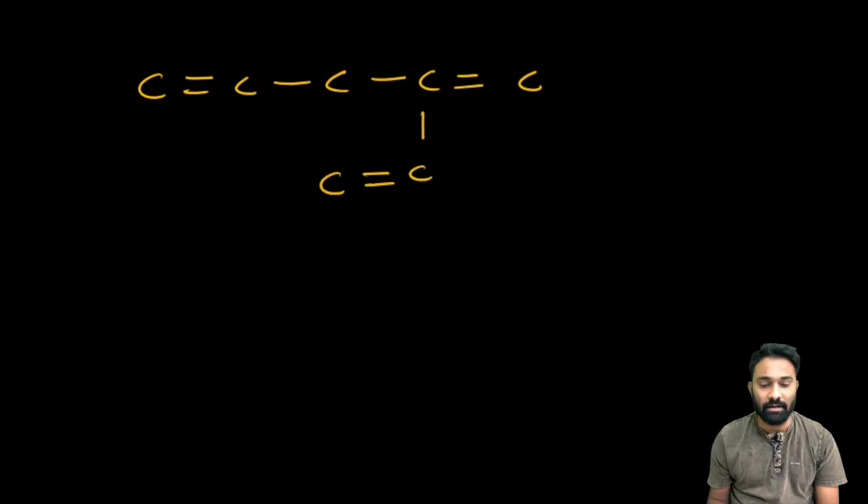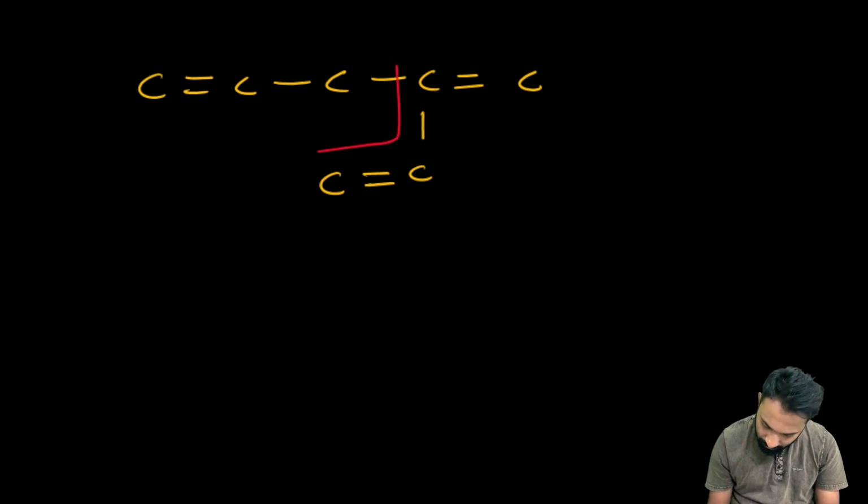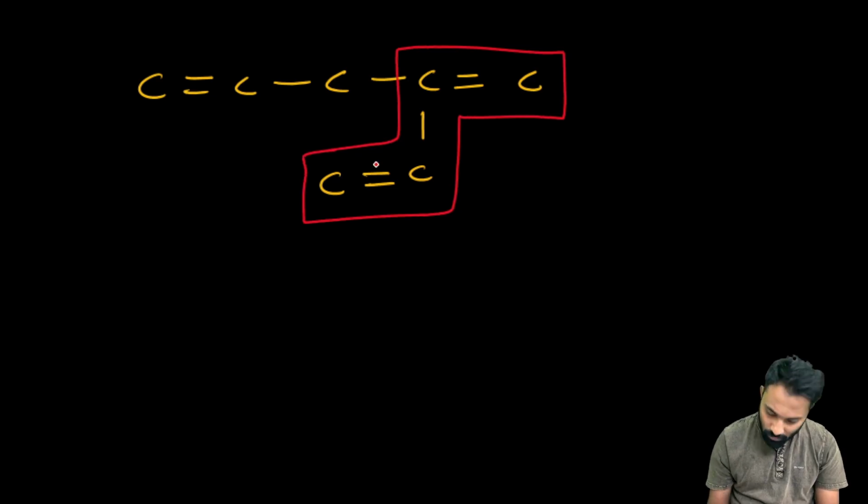If it is in this manner, then select the maximum number of double bonds in the parent carbon chain with the maximum number of carbons. If you select this as the parent carbon chain, two double bonds are there, but how many carbons are in the parent carbon chain? 1, 2, 3, 4 only.